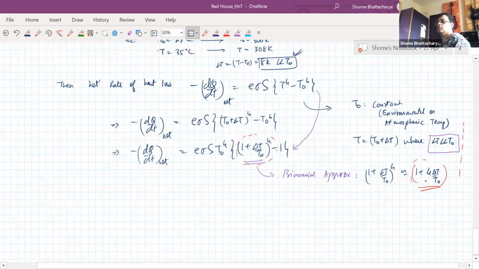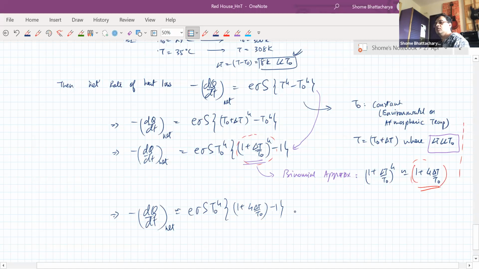So substituting that, minus dQ by dt net will become approximately E sigma into surface area into T naught to the power 4, into (1 plus 4 delta T by T naught minus 1). So next, this one cancels out.